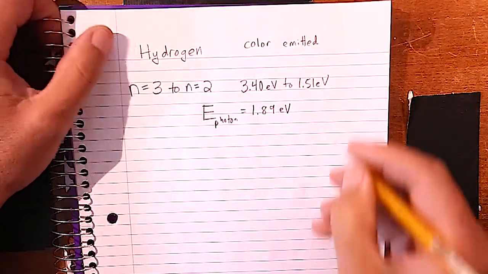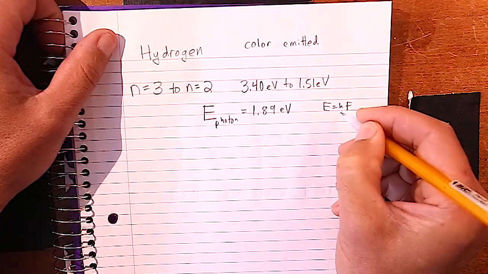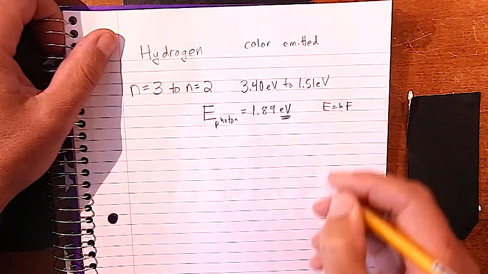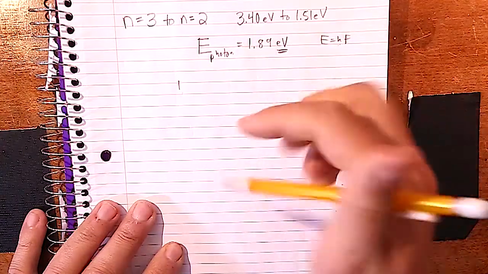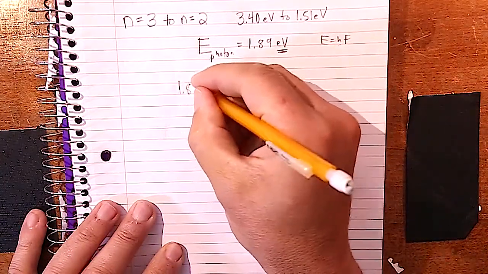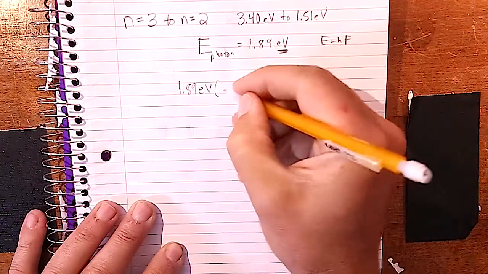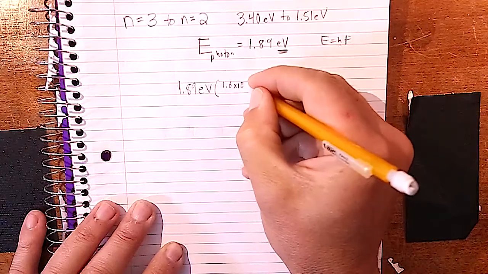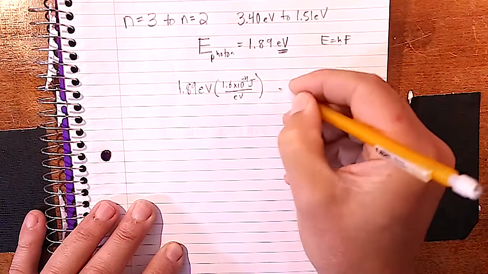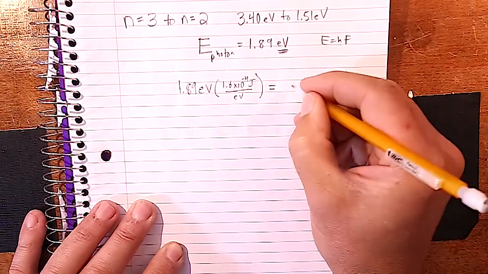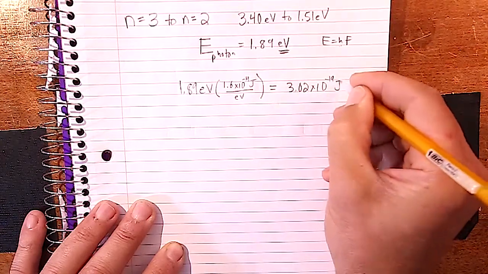Well, we know that our formula E equals hf, our constant is in joule seconds, so we have to convert that to joules. So how do we do that? We just do 1.89 EVs and multiply that by 1.6 times 10 to the minus 19th joules per electron volt. That's our conversion. And that gives us 3.02 times 10 to the minus 19th joules.